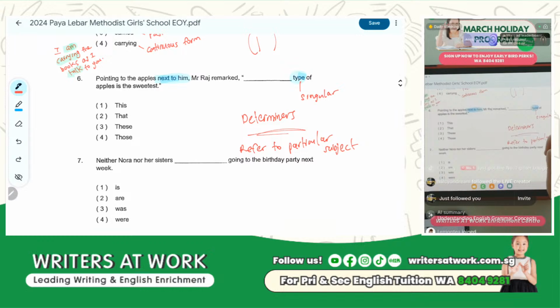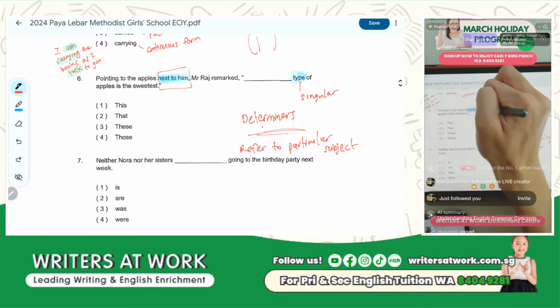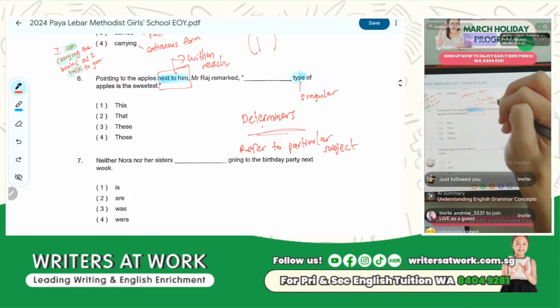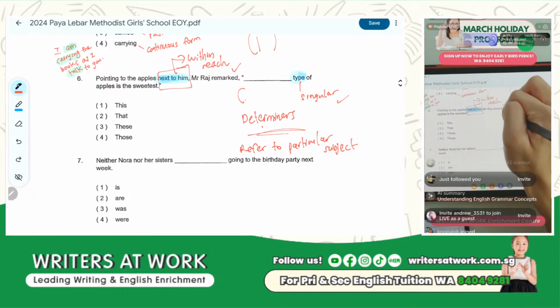Now you can see that the next word that we observe is 'next to him'. So it means that it's within reach. And Mr. Raj can actually touch it, can take the apple up and show you. So these two ideas would point to option number 1, this.